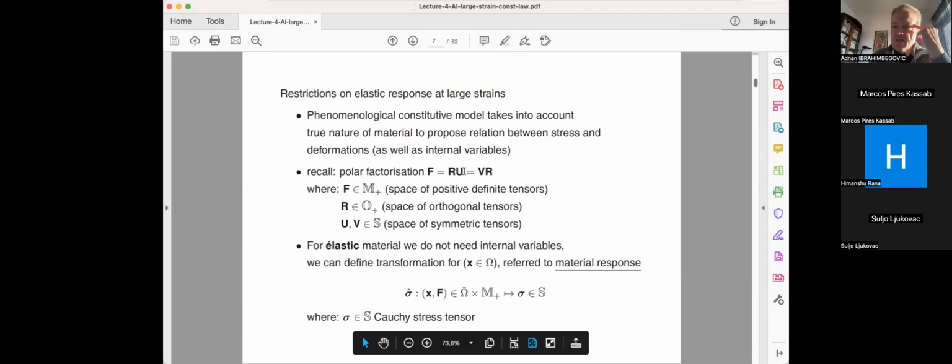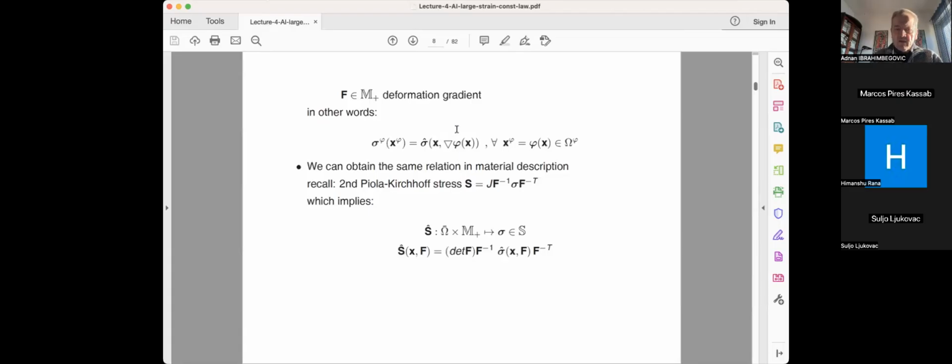It could be the right stretch tensor, U, which is a material measure of strain, or it could be the left stretch tensor, V, which is a spatial measure of strain. And then if you want to express some kind of elastic response, you can say, well, I need a function sigma, which is a function of F and x.